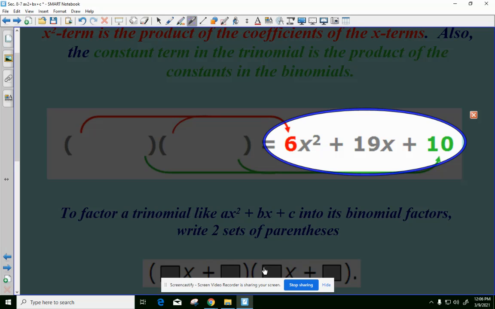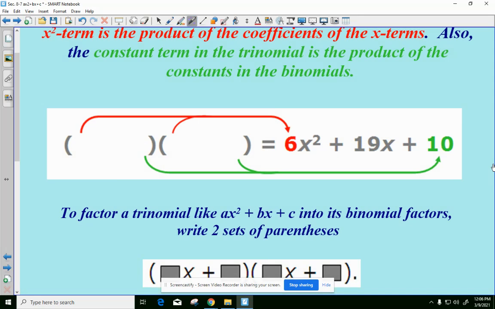Okay, so here's what your book would say you should try to do. I think we know based off of yesterday how this is sort of going to look, meaning it's going to come out with two sets of factors. All right. How do I create this first term right here? Like this, in this case, is a 6x squared.